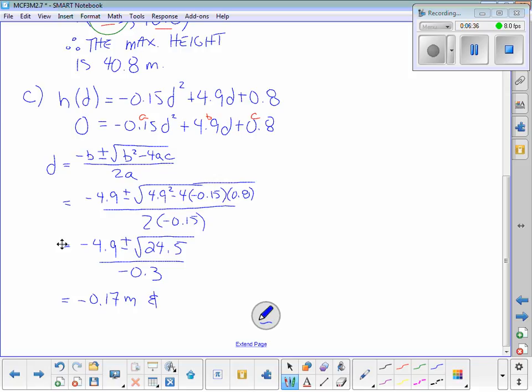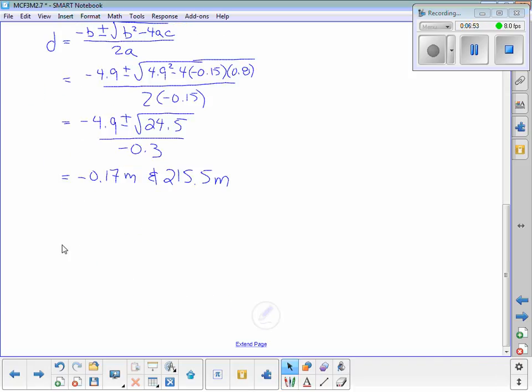And plugging in the other one, negative 4.9 minus the square root of 24.5, divided by negative 0.3, gives 215.5 meters.